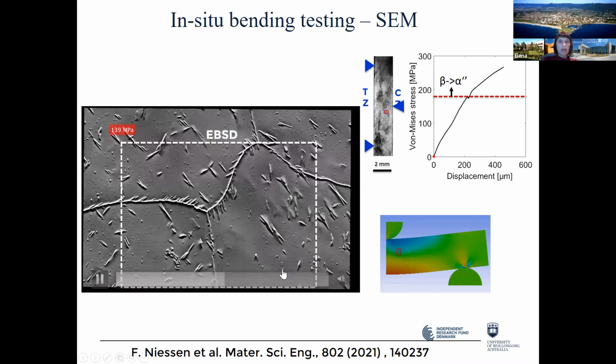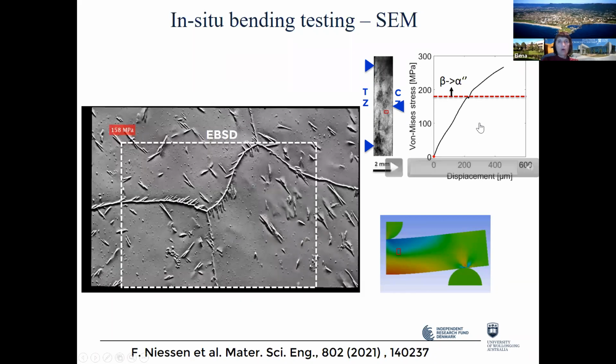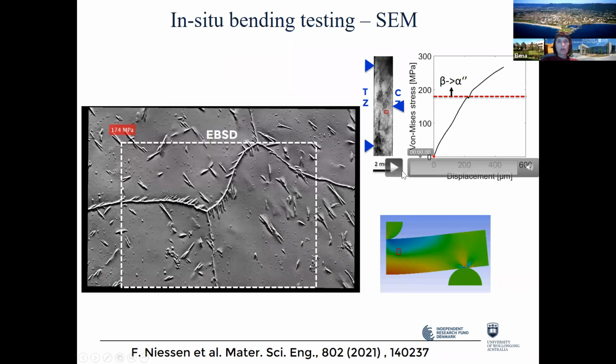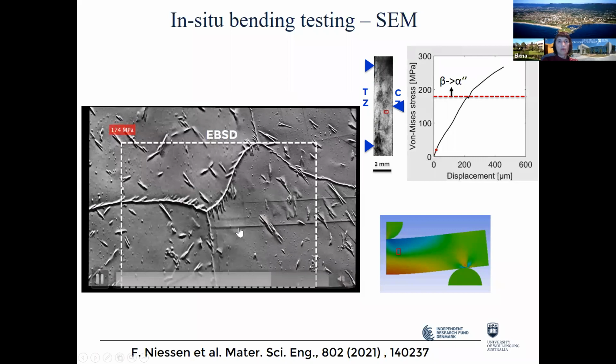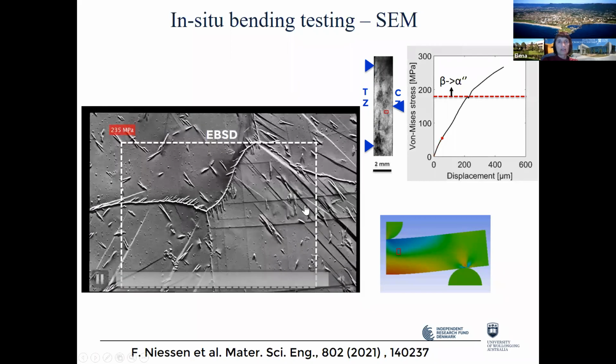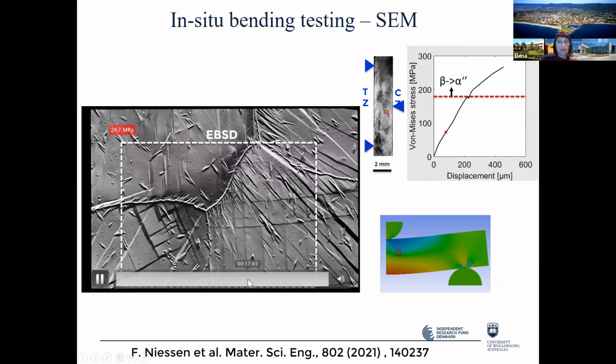And we will see now that we have formation of products, a grid, and then in these grains it started later, and also more variants forming near the grain boundaries.